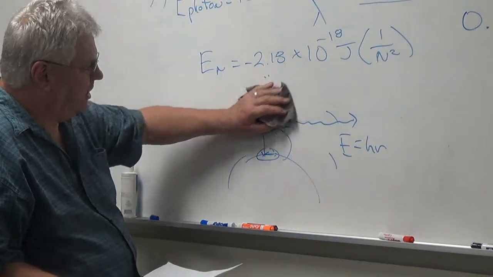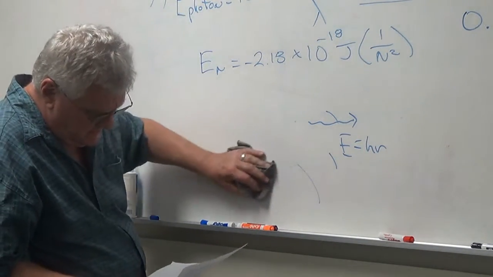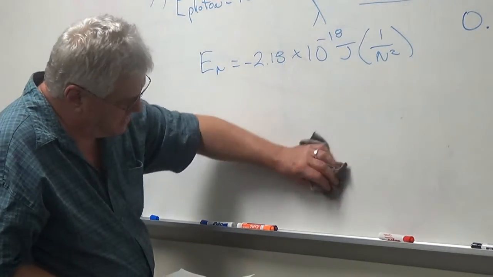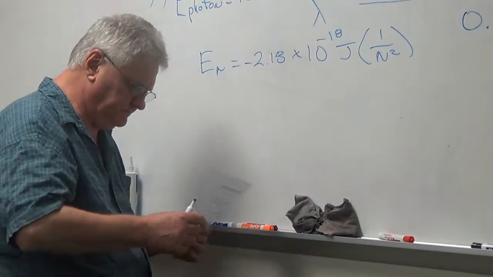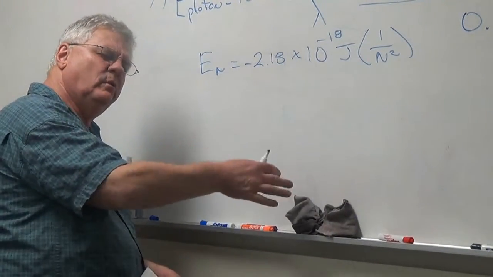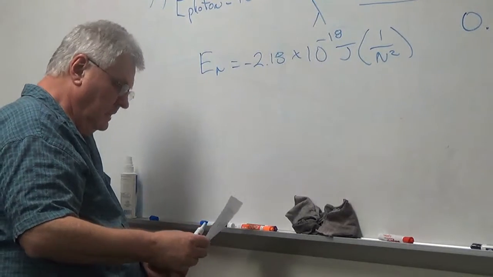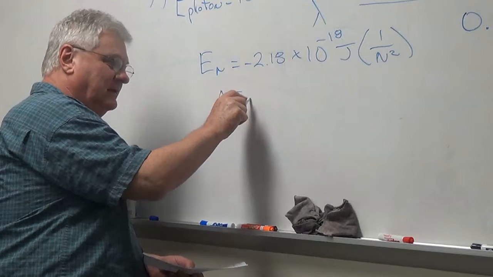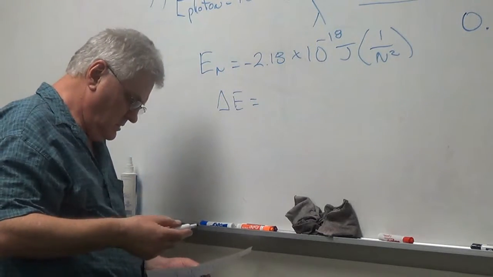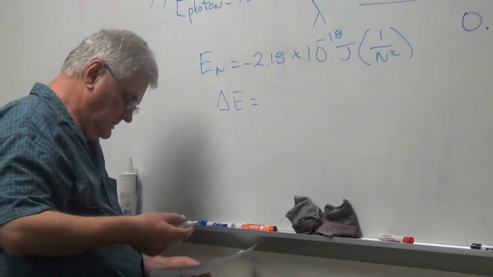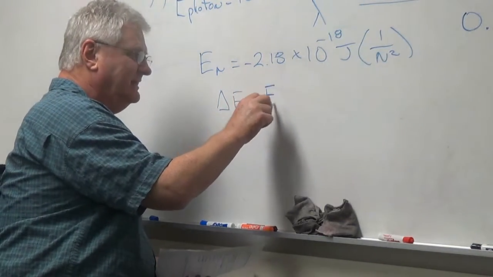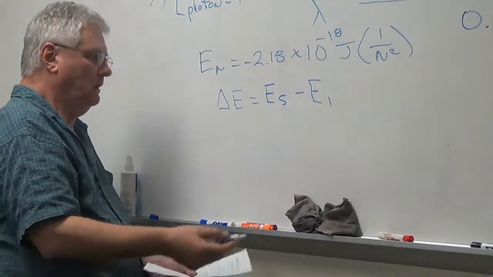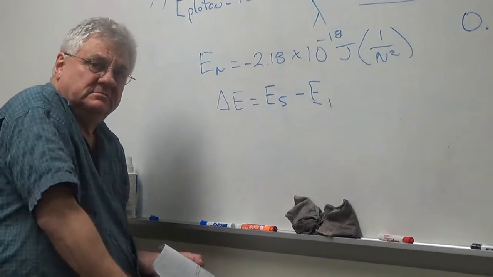In problem number 4, the electron is absorbing a photon. It starts out at n equal 1 and it goes up to n equal 5. Well, the change in energy, which would also happen to equal the energy of the photon, by the way, that caused it, is just going to equal the energy it ended up minus the energy it started out. And so if you calculate each of these, you just subtract.